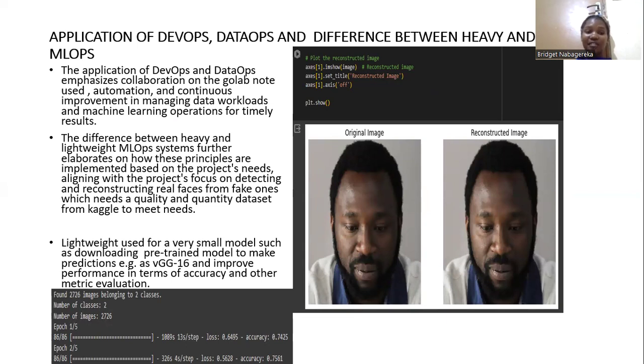The difference between heavy and lightweight MLOps systems further elaborates how these principles are implemented based on the project's needs. The project might need something like this and this. So it's basically going to help us to elaborate more about what the project needs. Like this example of an original image, then a reconstructed image. This is the virtual image, and this is the real image. So it gives us that understanding.